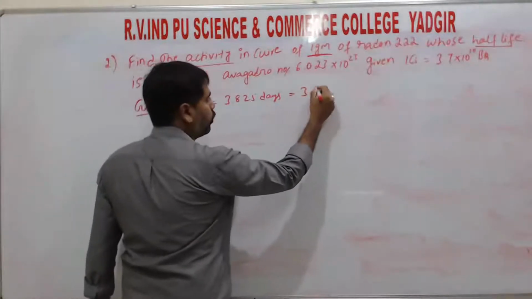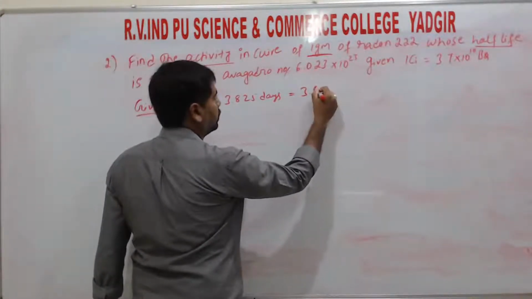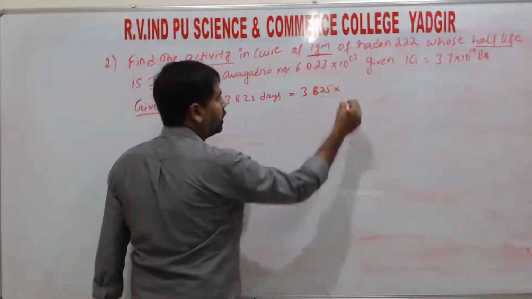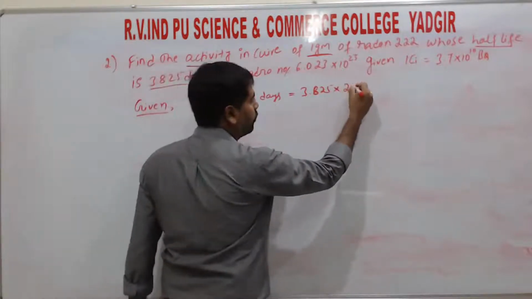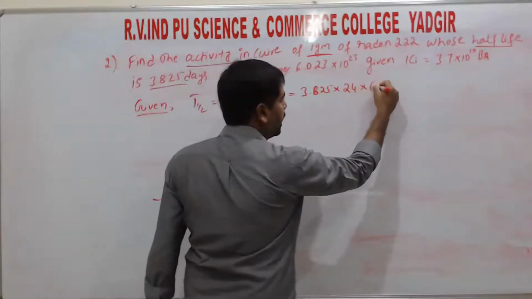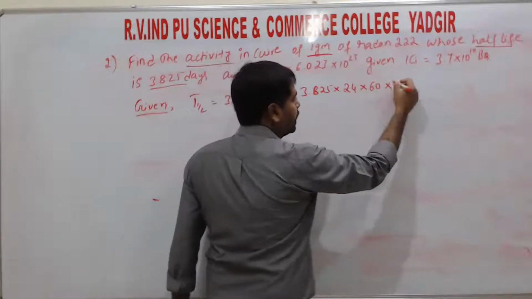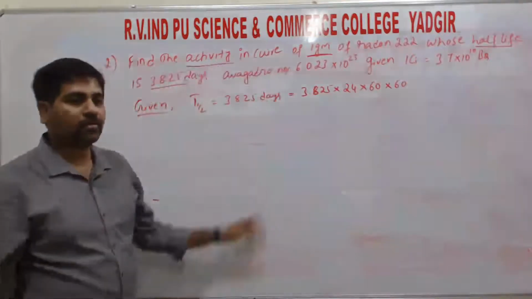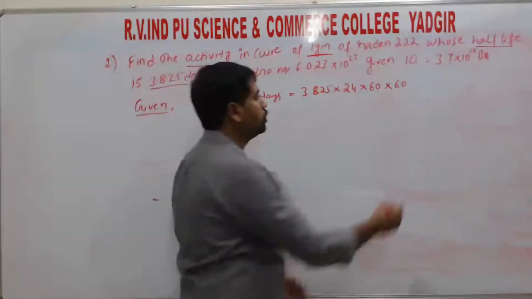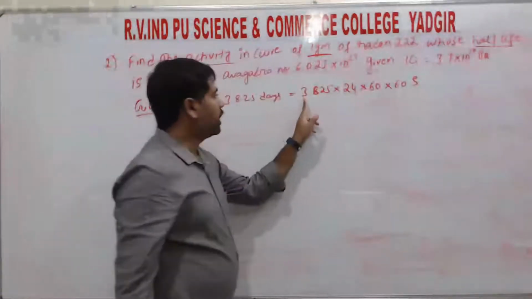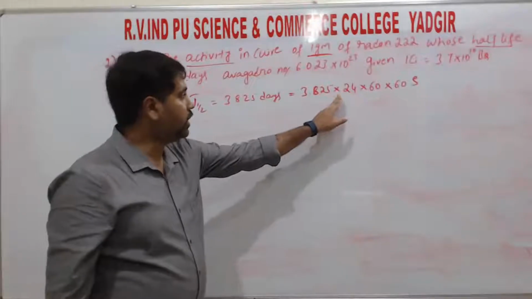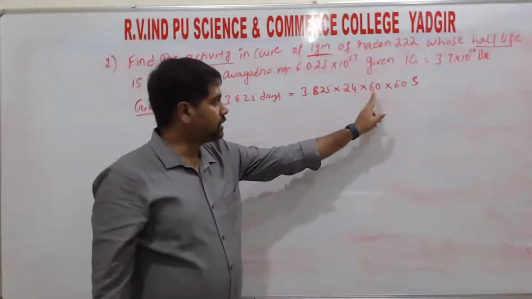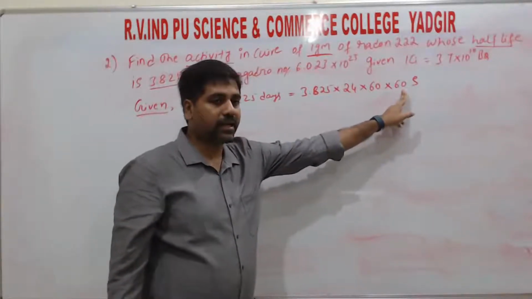So we need to convert these days into seconds, right? So 3.825 into 1 day has 24 hours. Each hour has 60 minutes. Each minute has 60 seconds, right? So converting from days into seconds, here 3.825 days into 24 hours, 60 minutes, 60 seconds, right?